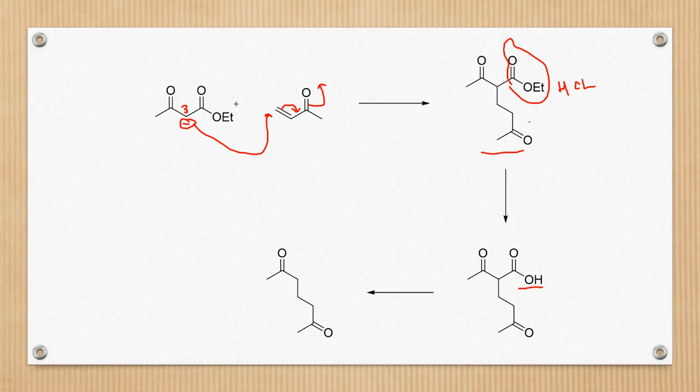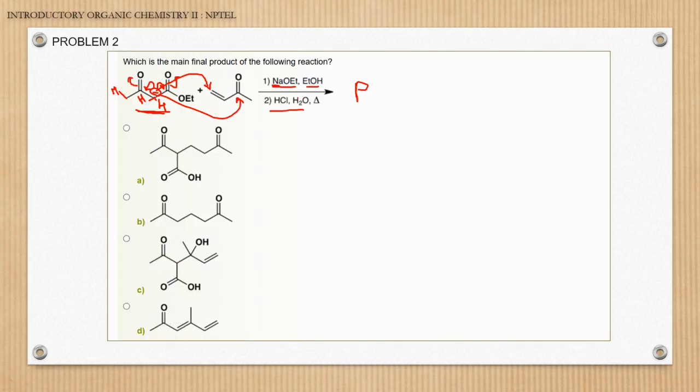Because esterification is a reversible step, in the presence of ethanol, sodium ethoxide and acid, this ester group will go to acid. Hydrolysis will take place, and in the same pot they have heated the reaction.